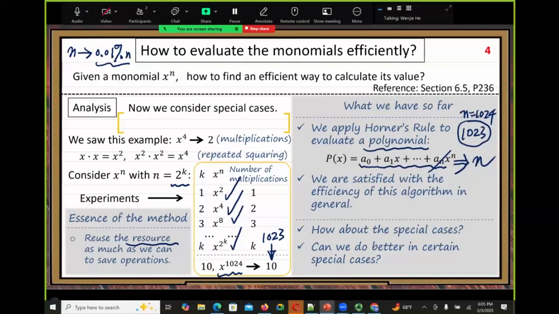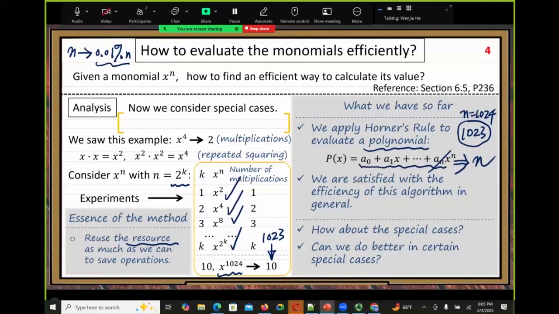Whenever you see x to the 8th, grab it from your pocket, because you already have it. When you see x to the 16th, you need to use x to the 8th. Do not recalculate it. Use it directly, and you can save. That's the reuse the resource idea.